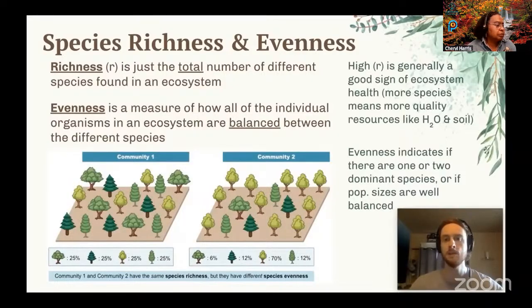And so we would say that overall community 1 has a higher species diversity because it's more evenly balanced between the 4 species. So again, richness doesn't tell us the entire picture. As a rule of thumb, the higher the species richness, the healthier an ecosystem is, but evenness is an important measure to take into account as well.